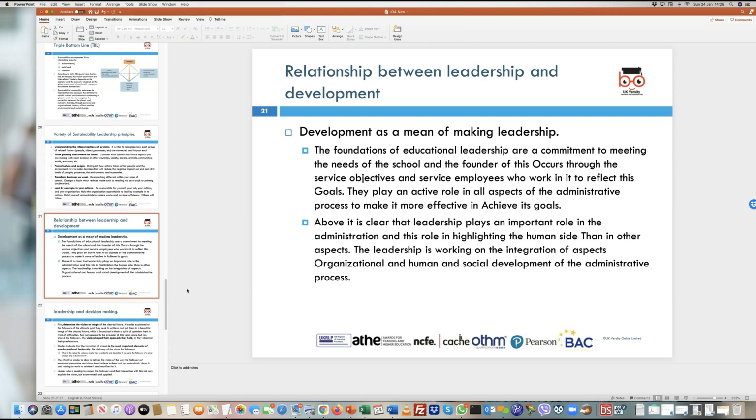So when I look at leadership and development, I look at empowering the employees who work within the organization to take an active part, by listening to their suggestions and to the positive contributions they make.